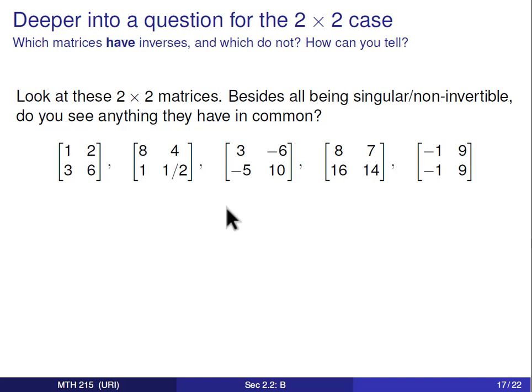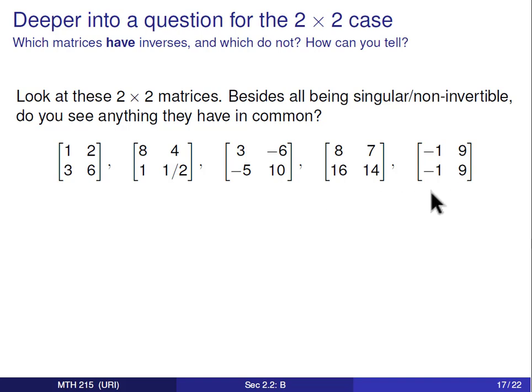So it certainly looks like in all of these, there is a number that if you multiply the first column by, you get the second column. The same thing is true if we look at the rows. If I multiply the row 1, 2 by 3, I'll get the row 3, 6. Multiplying 1, 1/2 by 8 gives me the row 8, 4. And so whether you look at rows or columns, it seems that one is equal to a multiple of the other.